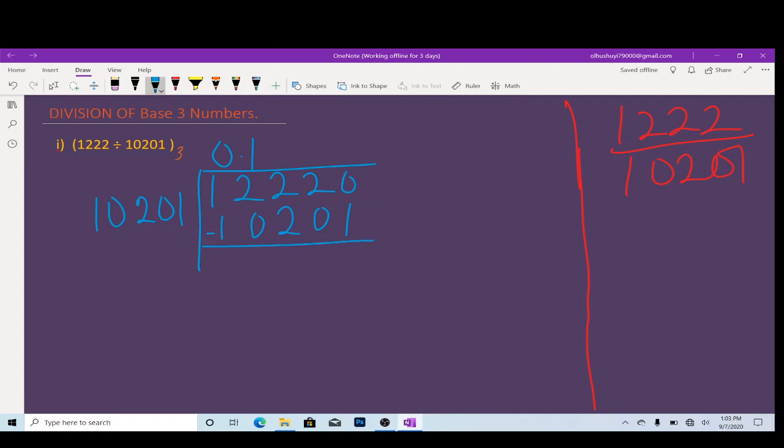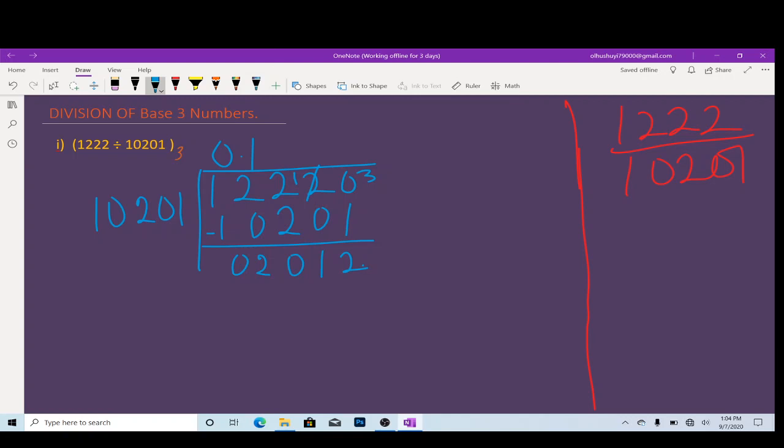Now you subtract 1 minus 0, 0 minus 1. You don't do that. You have the borrow here. This one will be 1. This one becomes 3 because I'm dealing with base 3. This one subtracts, you have 2. 1 minus 0 is 1. 2 minus 2 is 0. 2 minus 0, that is 2. 1 minus 1 is 0.